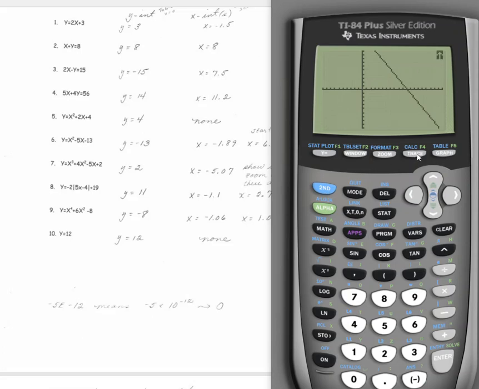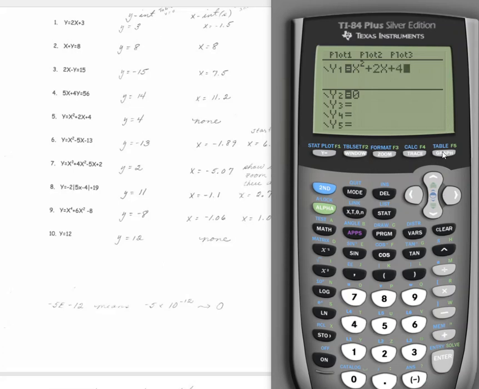So 2nd Calc 5, Enter, Enter, Enter, 11.2. And that's our correct answer. 2nd Table, and our y-intercept is 14. Okay? All right, let's do the next one. Clear that out. Now we've got a quadratic, so we've got x squared plus 2x plus 4.